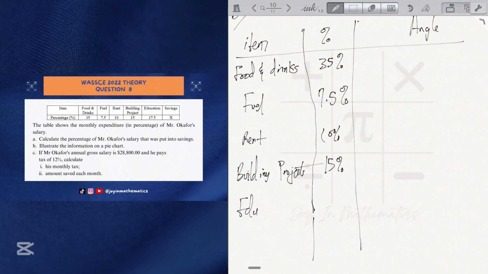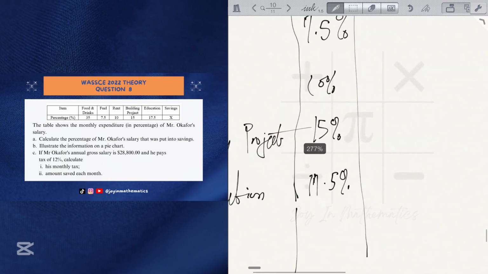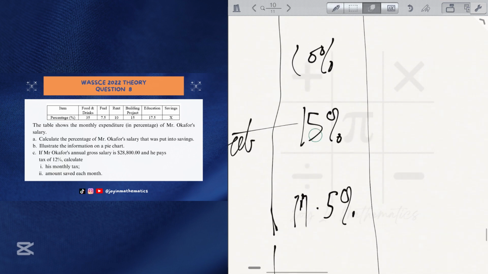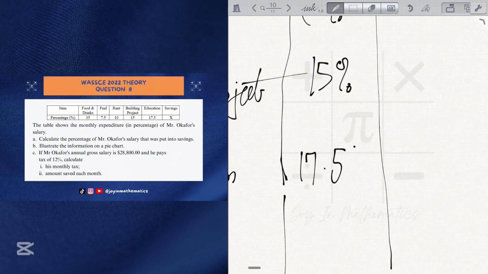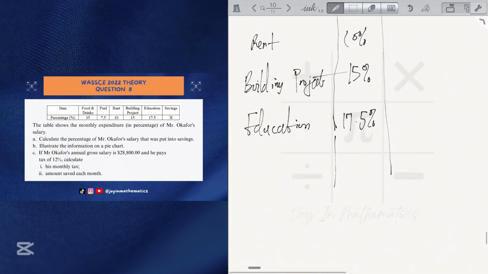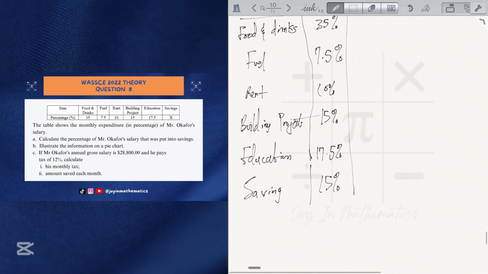The money spent on education, formal or informal, is 17.5%, which is not a bad percentage at all. Finally, we have savings, which is X, and X we evaluated in the previous question to be 15%.